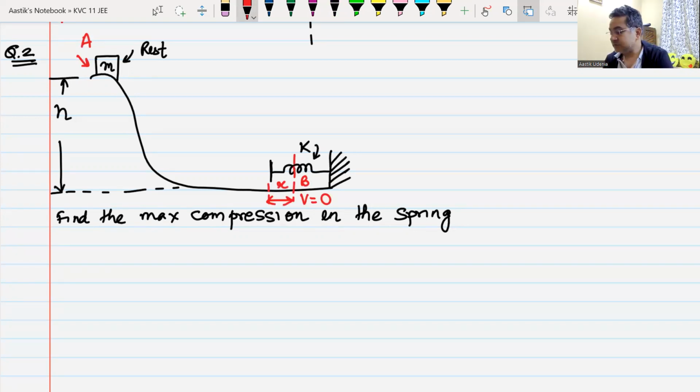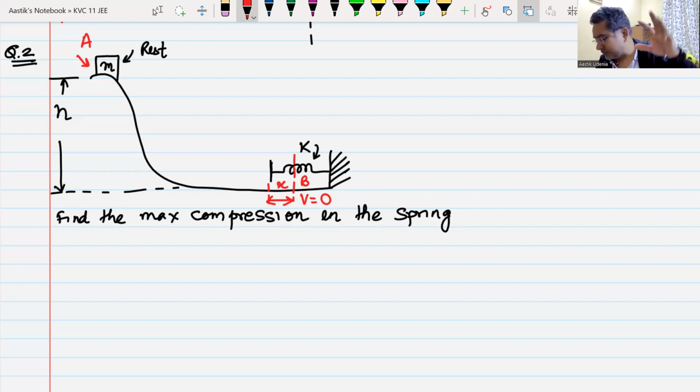What are the forces that are going to work on this block as you go from point A to point B? Gravitational force, normal force, and spring force.